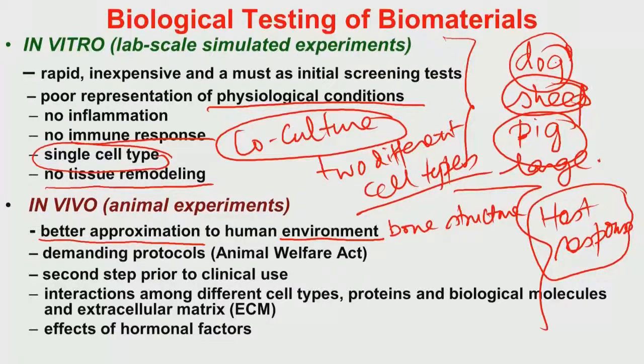system. Pig again is a good model, because the pig's osseous structure and remodeling are quite good, but the problem is that their bone size, the femoral size or tibial size, is rather small.